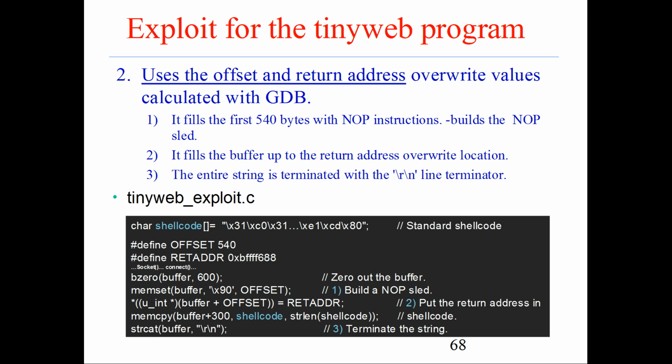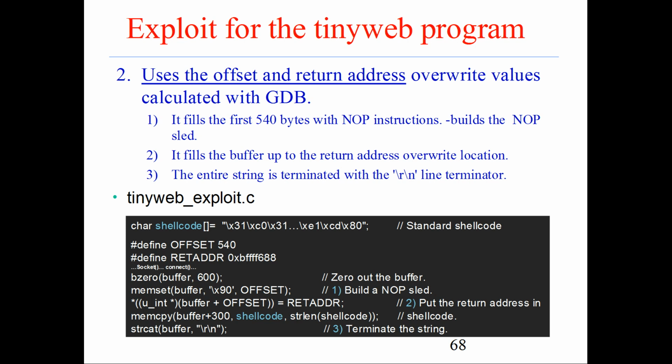Or what you can do is fill up all 540 characters with garbage, overwrite the return address, and then after that have a NOP sled, have your shellcode, and then your null terminator. Obviously, it takes up much more space than the 540 characters plus a pointer.